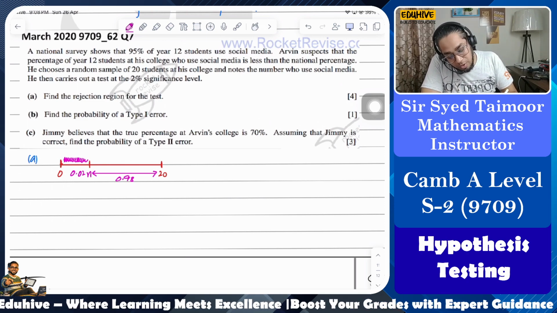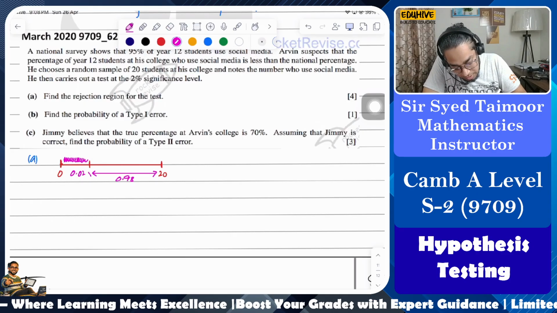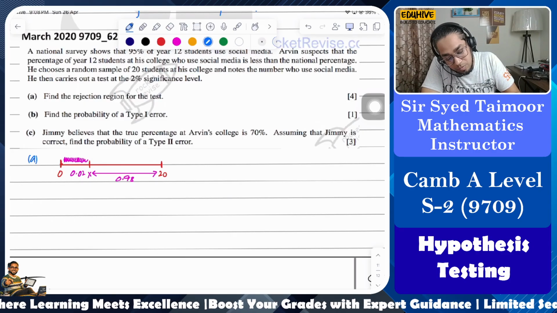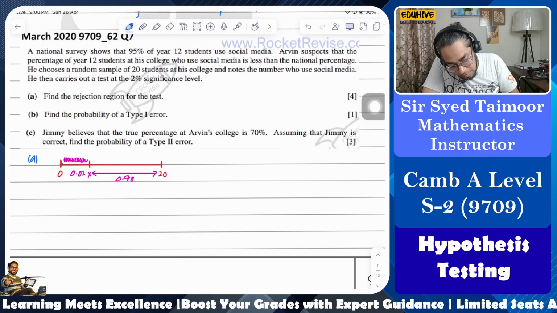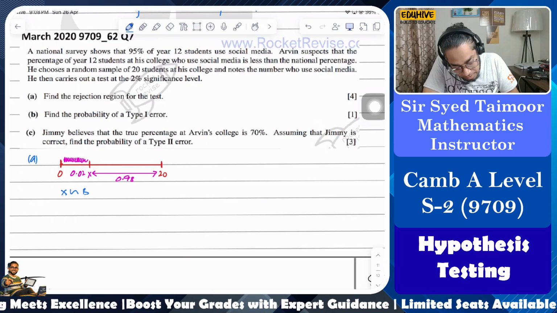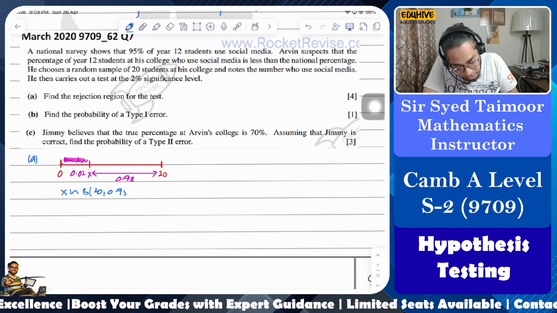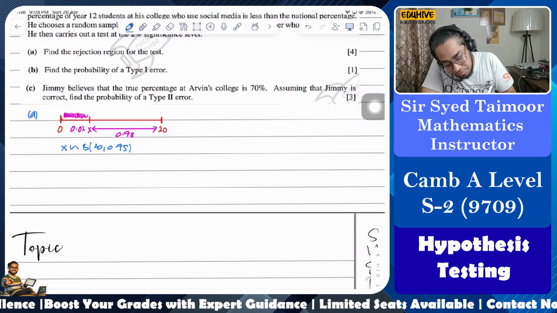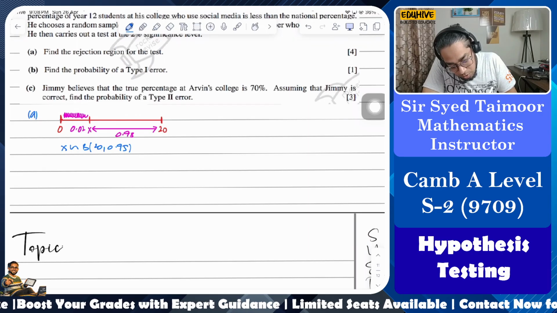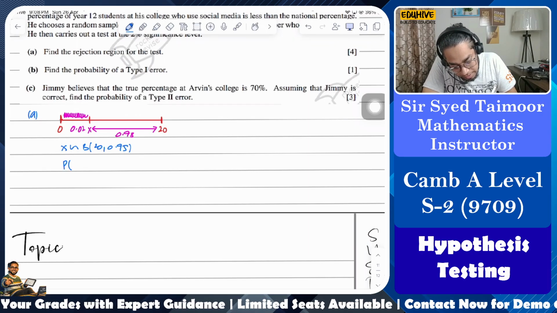There will be a value which I do not know exactly; I can call it x. So my x follows the binomial with 20 trials and probability of success 0.95. So I will go for hit and trial.